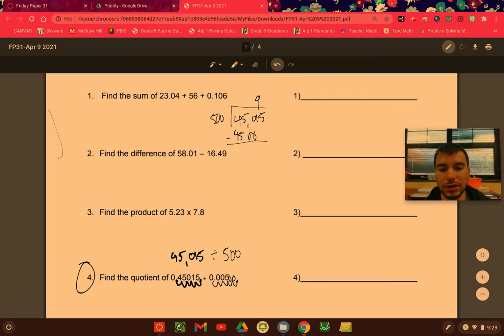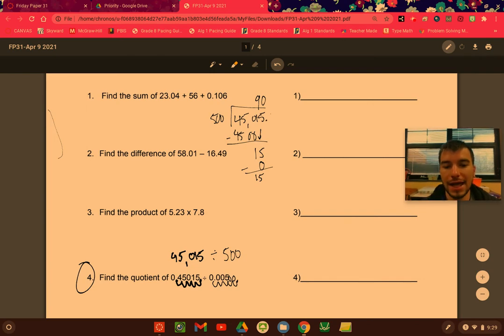That only gives me 1 remaining. Now I'm going to bring down my 5. Now 500 goes into 15 zero times, so I multiply that through by 0.